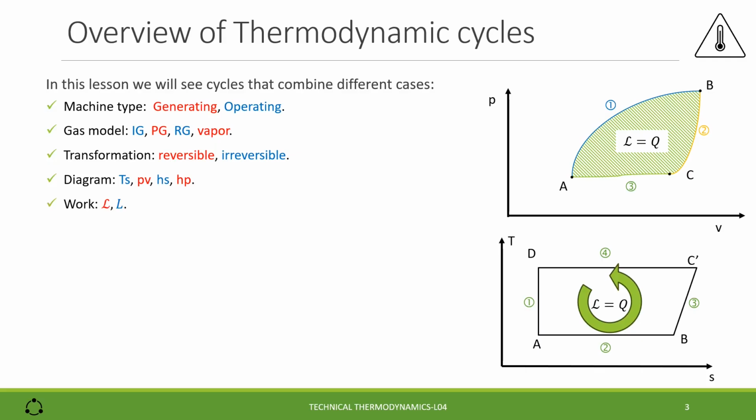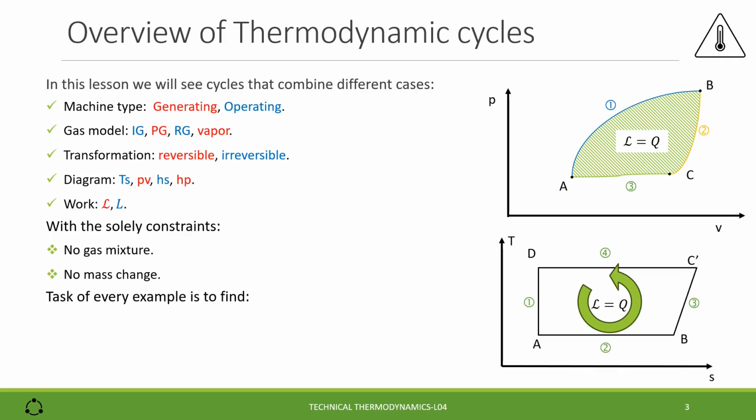And we consider both the thermodynamic and the technical work, with the sole constraints to have no gas mixture and no mass change. The task of every example is to find the energy exchanged in the process, both the work and the heat, and the cycle performance, eta for the generating machines, COP or EER for the operating ones.